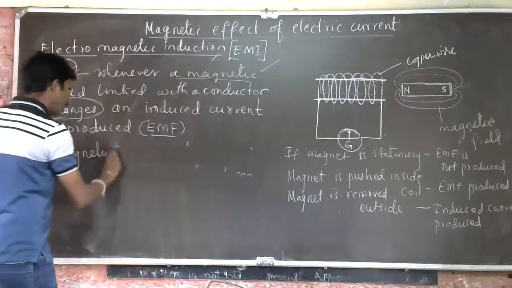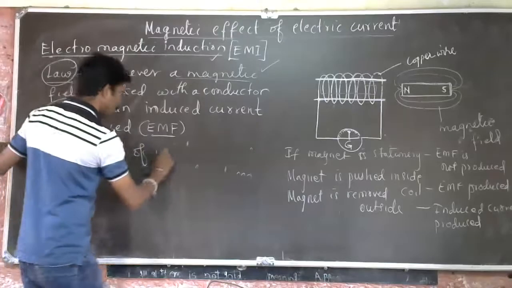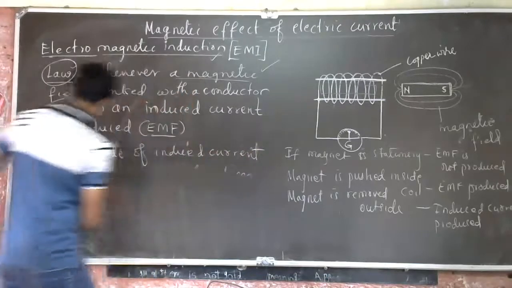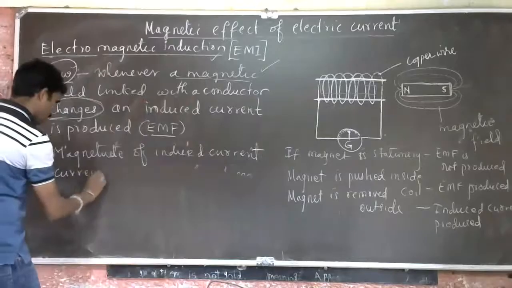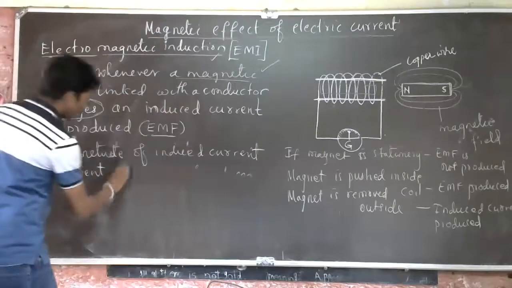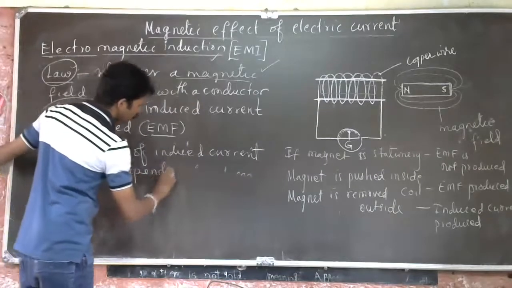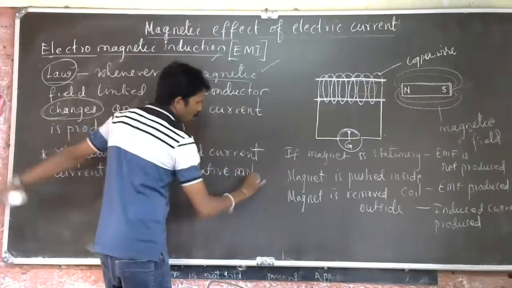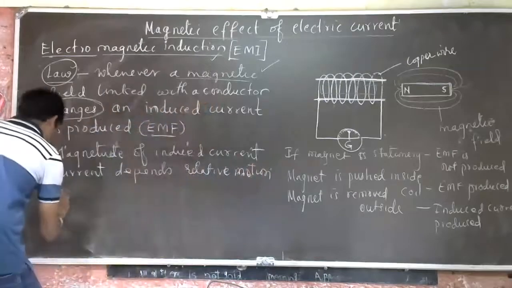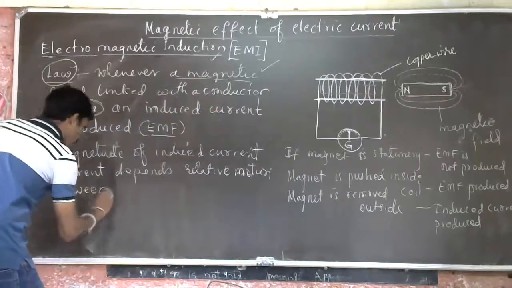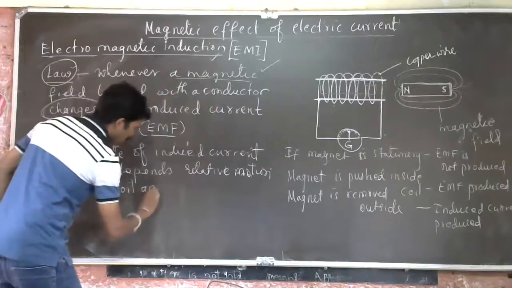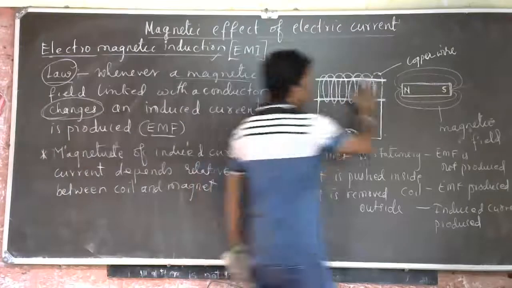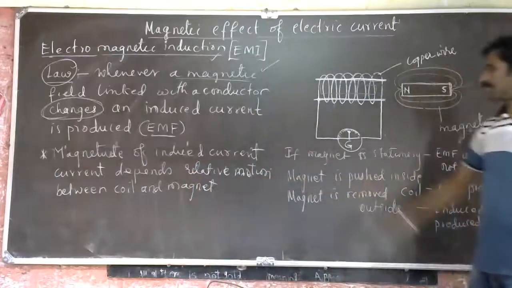The magnitude of induced current depends upon the relative motion between the coil and the magnet.